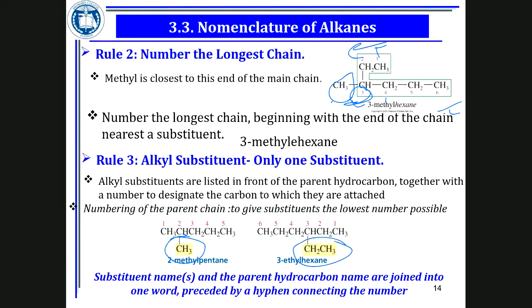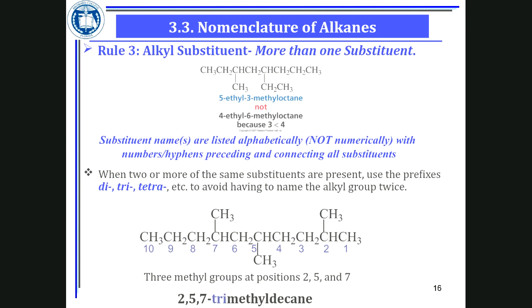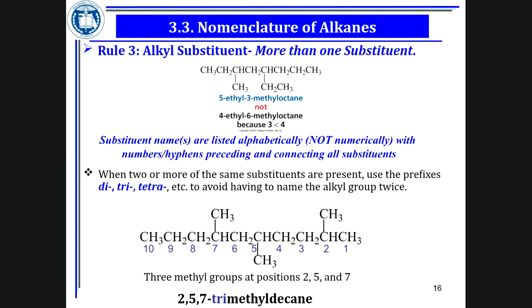If you have more than one branch, then you have to number it in a way that you get a better number set. So if you number from left to right, you would get 1, 2, 3, 4, 5. So you get a 3 plus 5 here.